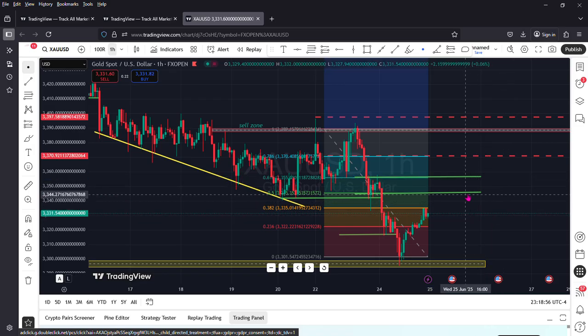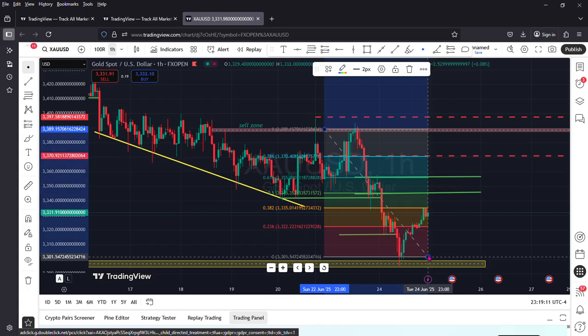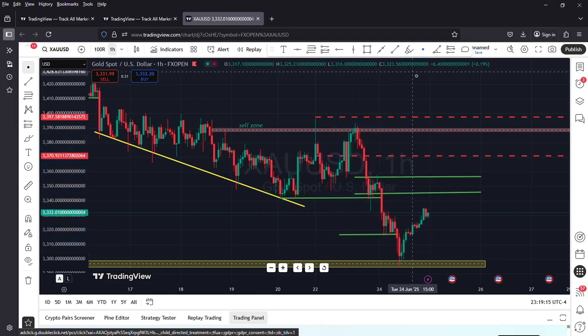If the market pushes to the upside, we are waiting for a sell in this area. So entering on a buy now is not advisable. In our lower time frame, that is the only thing we have.